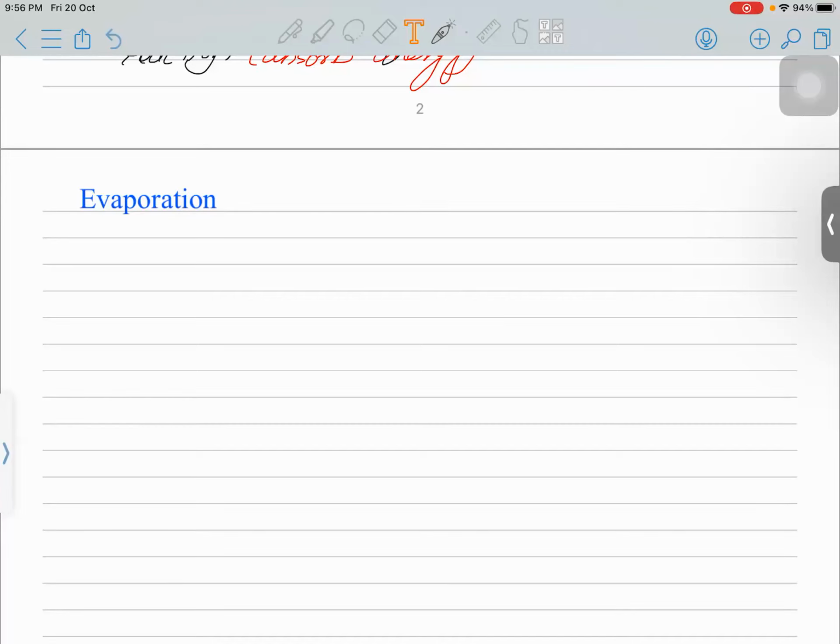So we cannot boil water below 100, but we can evaporate water below the boiling point. Evaporation किसी भी टेम्परेचर पे हो जाएगा, but boiling is always at a fixed temperature.